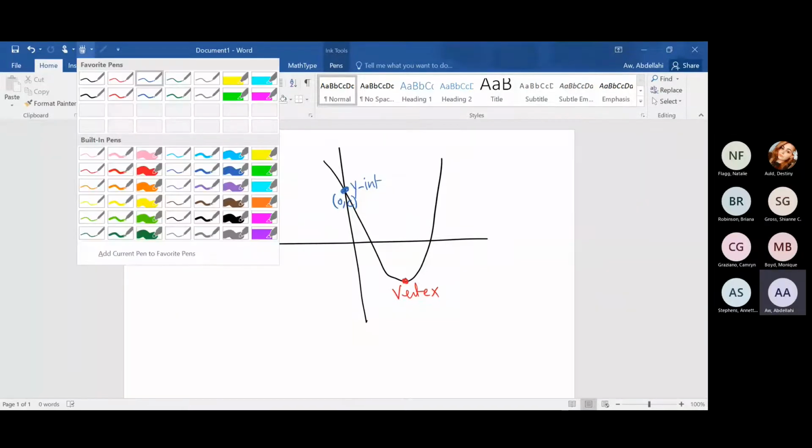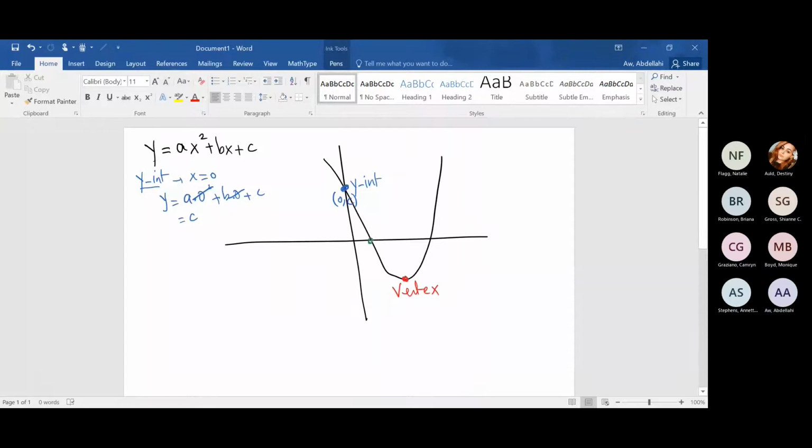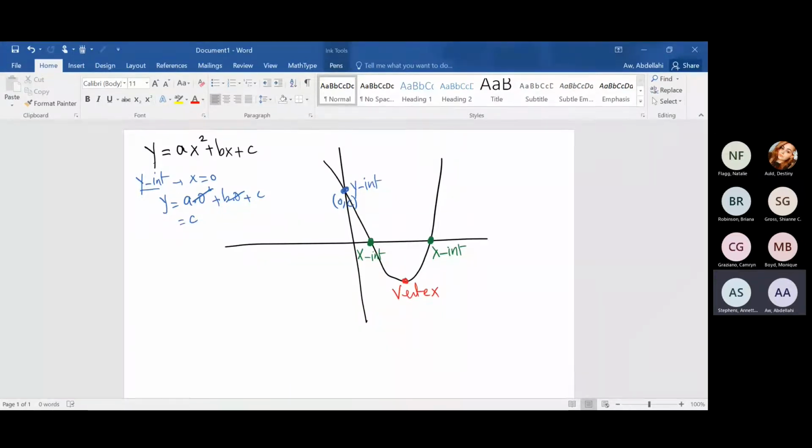Now for the x-intercepts, they are this one and this one. For these 2 green points, how much is the y? It's quiet this morning.